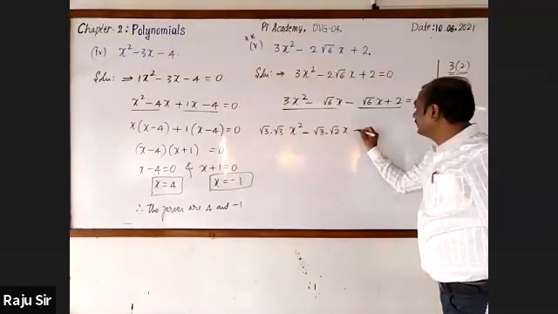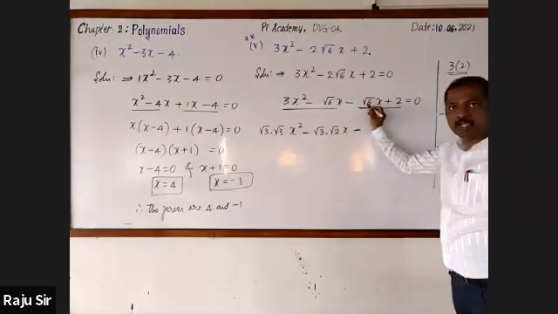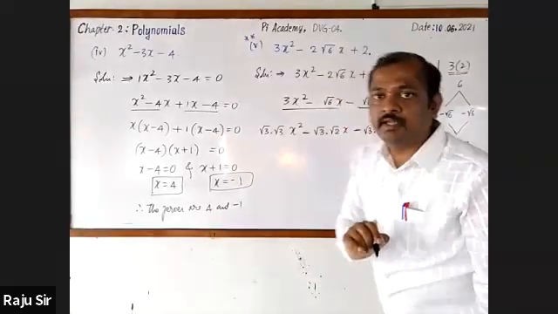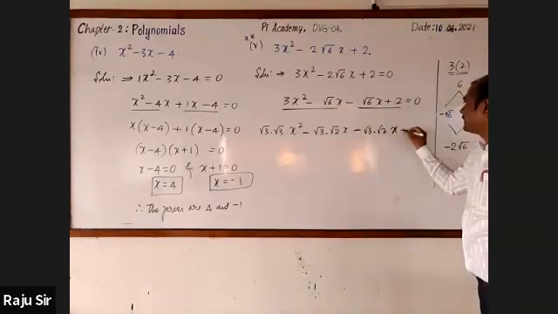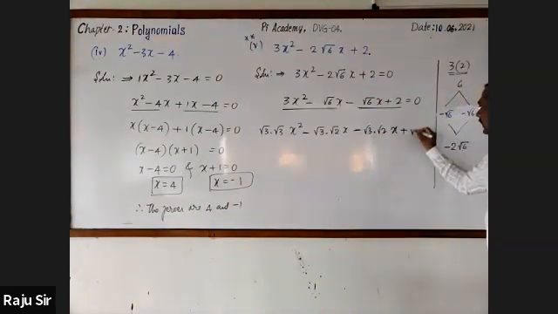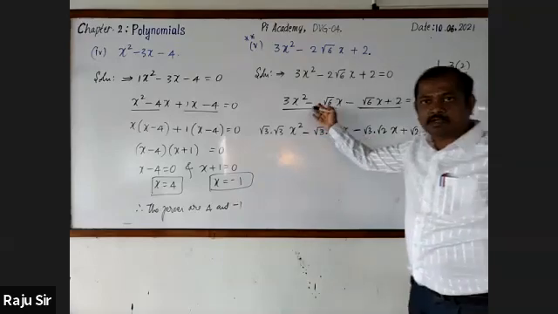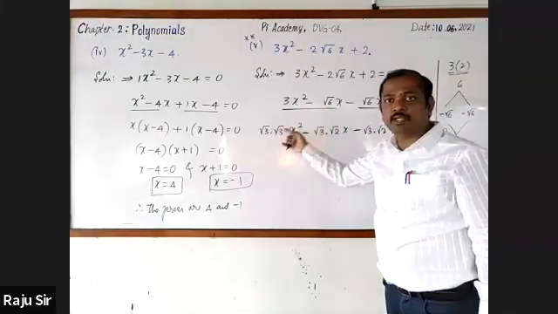Hence again I split up root 6 as root 3 into root 2. Observe. Root 3 into root 2 into x plus 2, I'll write it as root 2 into root 2 equal to 0. You could take the common factor directly, but I have written this step so that you understand.